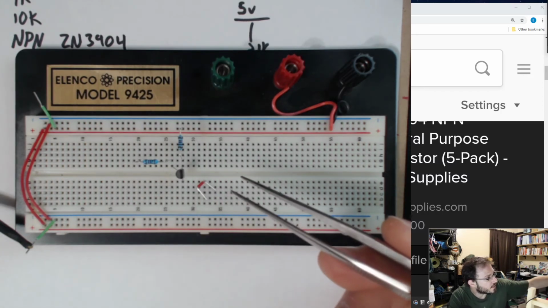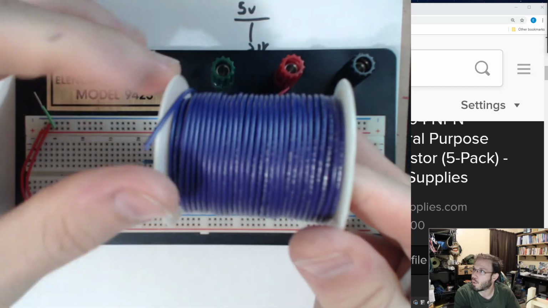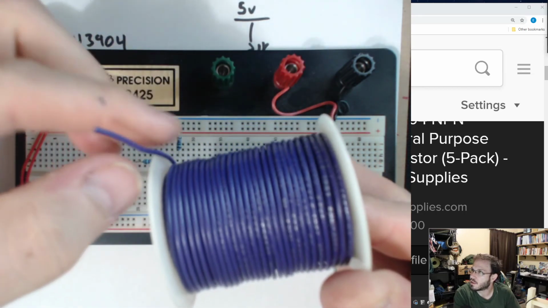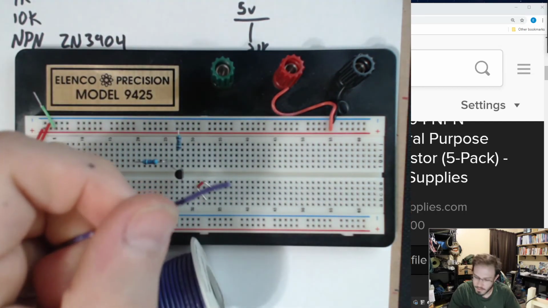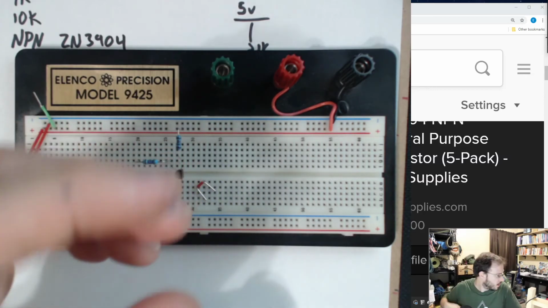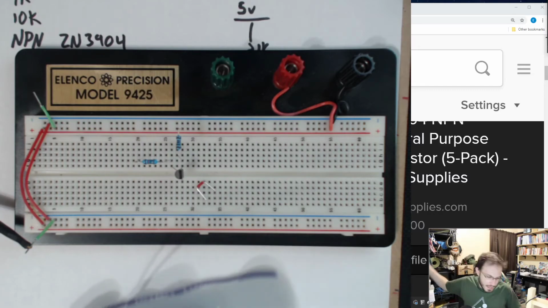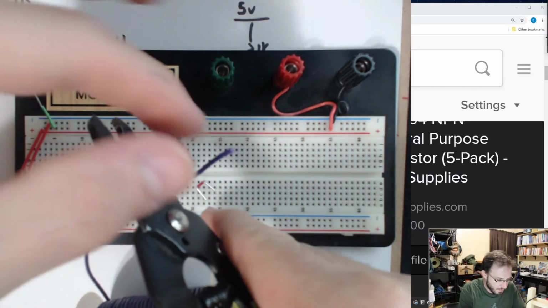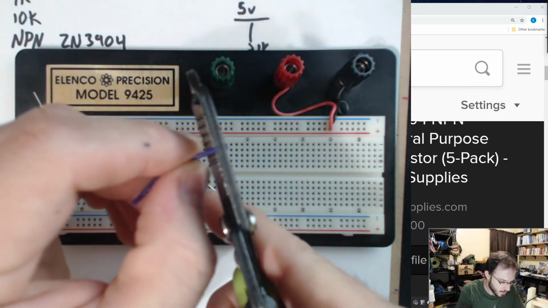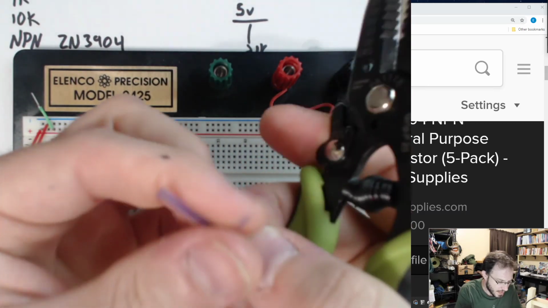You can always just buy a spool of wire and then cut and strip these to length. In fact, maybe I'll just do that here to show how easy it is. Just snip whatever length you want, strip off the ends.